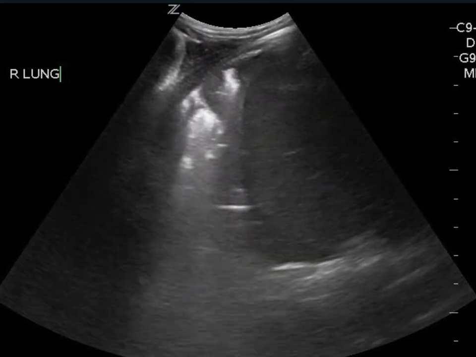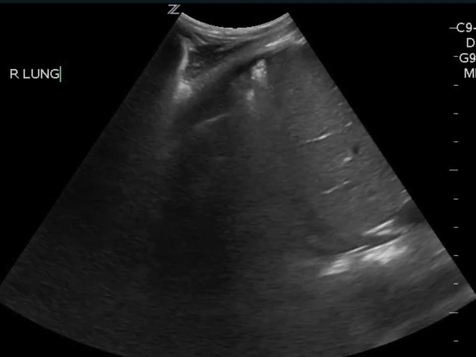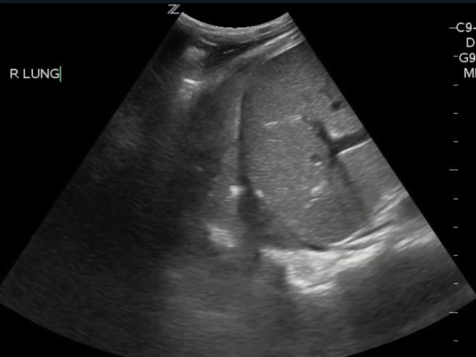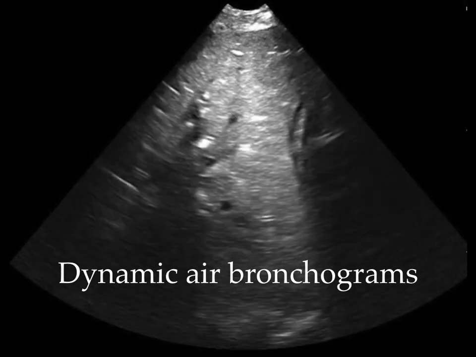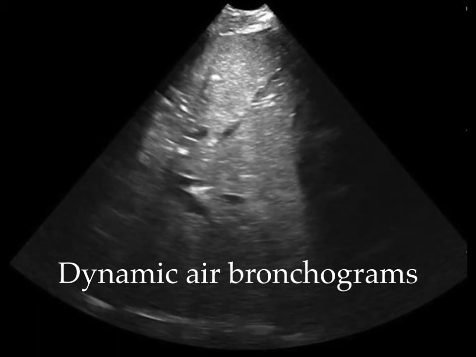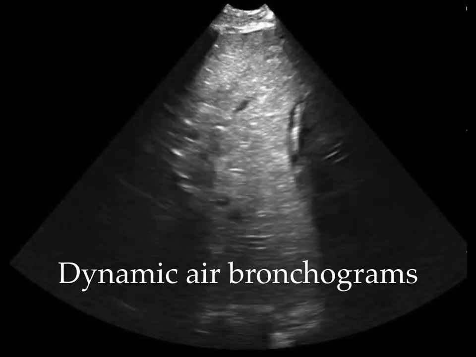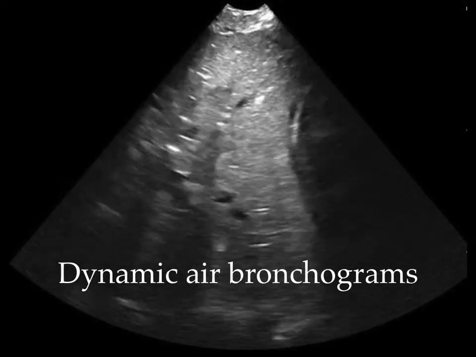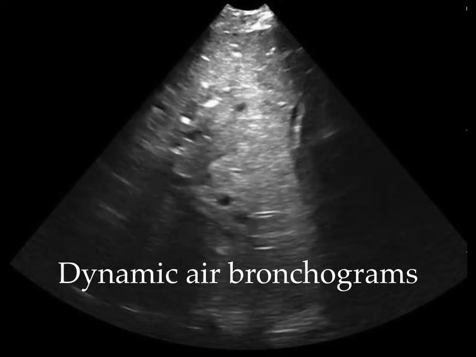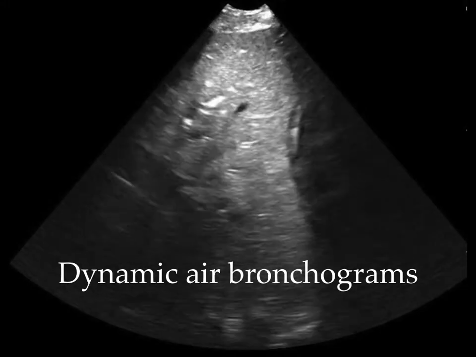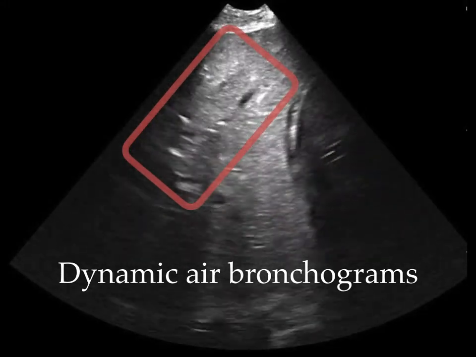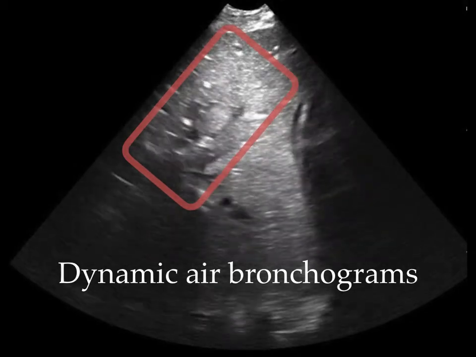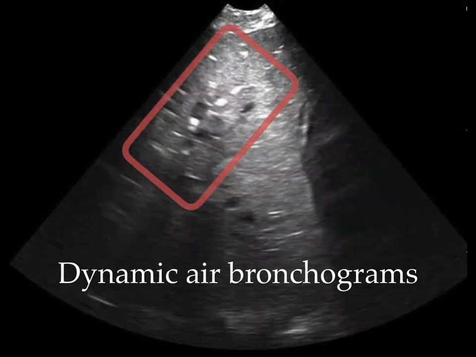I just want to show you a couple more things that go along with pneumonia that you might see. One of them being dynamic air bronchograms. Now, this is another lobar pneumonia. Pretty much this whole thing that we're looking at is a consolidated infected lung. And you might be able to see in about the middle of the screen there are these bright white bubbles, circles that are moving up and down. And those are called dynamic air bronchograms.